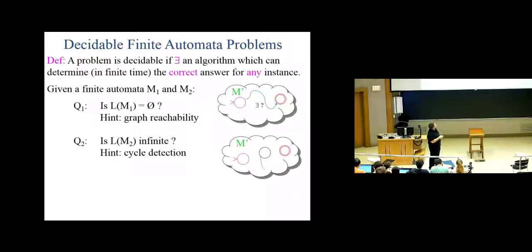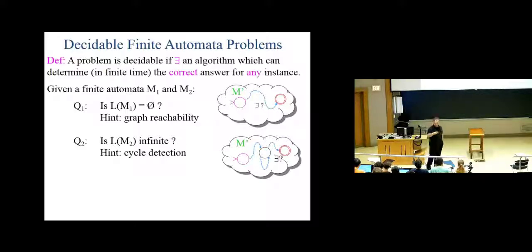So let's say, here's a loop. Why isn't this loop enough? You have to make sure that this loop is reachable from the start state. Otherwise, the loop is not going to do you any good towards accepting an infinite number of strings. It's never reachable. It's like having a subroutine in your code that never gets called. So whatever it does, it's not going to make or break anything. It's not going to be invoked, so it's as if it's not there. So the loop has to be reachable from the start state in purple.